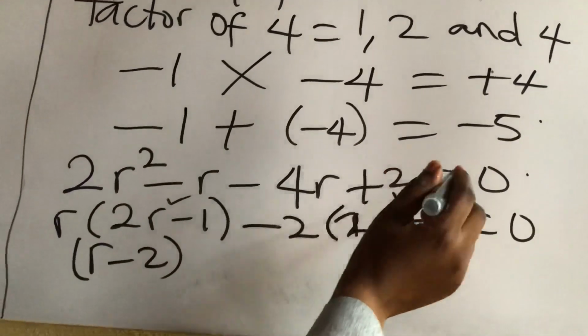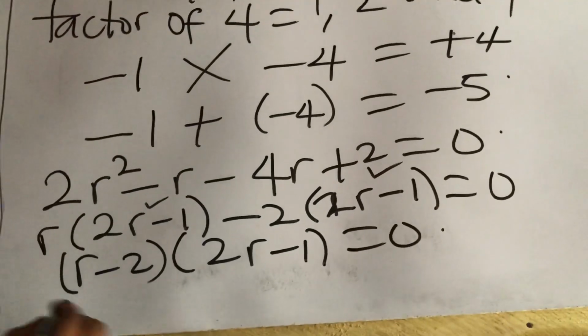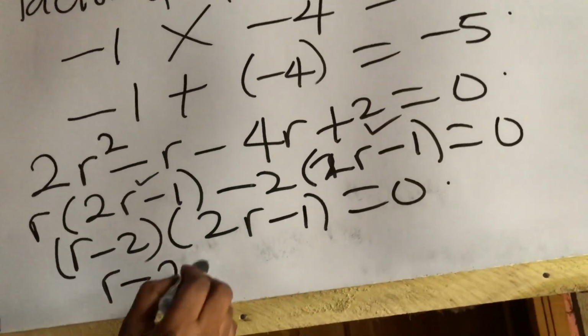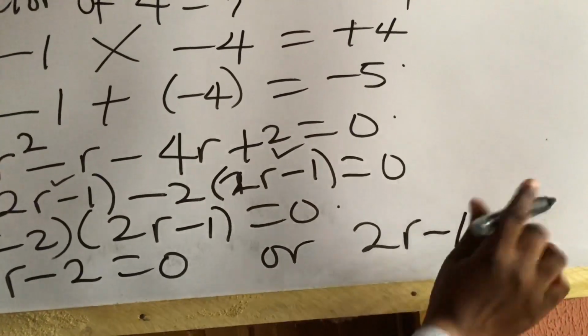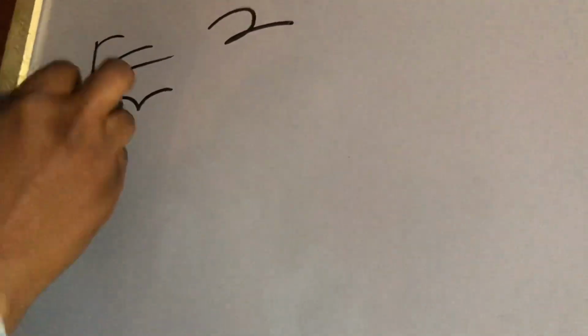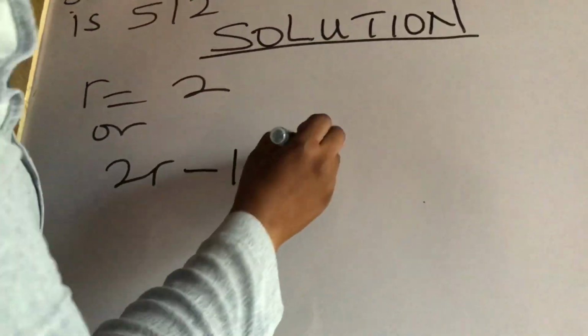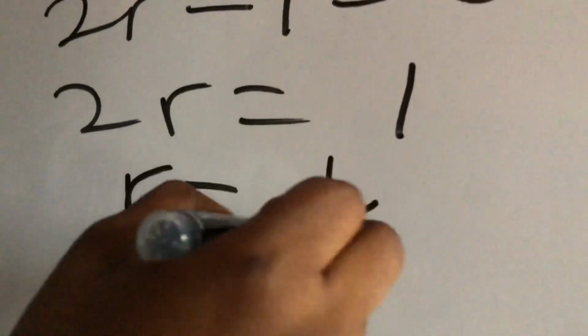Out of those inside brackets, take 2r minus 1, everything is equal to 0. Then you can now say that r minus 2 is equal to 0, or 2r minus 1 is equal to 0. So you can now say that r is equal to 2, or 2r minus 1 is equal to 0. So from here, 2r is equal to 1, then r is equal to 1 over 2.